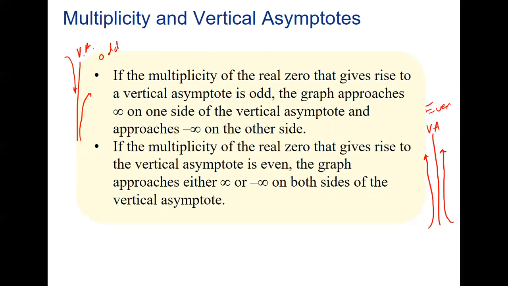If you have an odd multiplicity, for example, if it said x minus 3 to the third, at 3, they're going to be split. So one will be coming and one will be going. Or if I had x minus 3 squared, they're going to both be heading towards 3. Remember, multiplicity is the little tiny number on your factor. Now we remember for real this time.